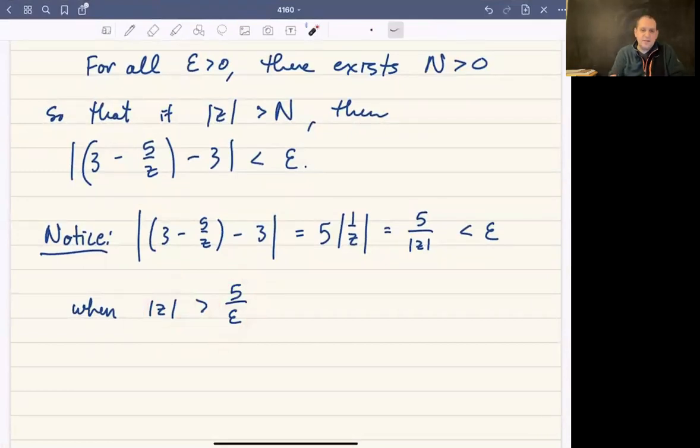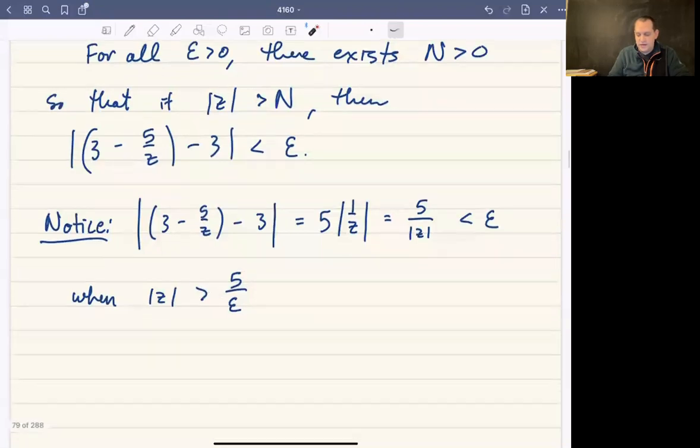If epsilon is, say, one thousandth, then 5 over epsilon would be 5,000. The smaller the epsilon is, the bigger this quantity gets, because we're talking about positive numbers here. So if you want this function to be arbitrarily close to 3, meaning it's within epsilon, that can happen as long as z is big enough.